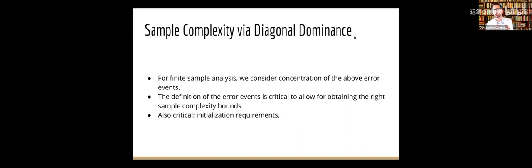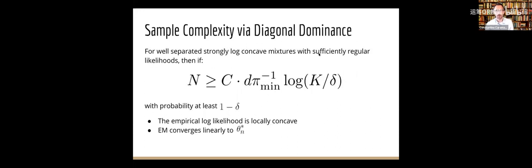The basin of attraction that was used in Regev and Vijayaraghavan, for example, needed more samples, even for initialization. So this is why the initialization is really the key to go from these results of local convergence of EM, or local log concavity, to sample complexity bounds. So in a nutshell, these are our sample complexity results.